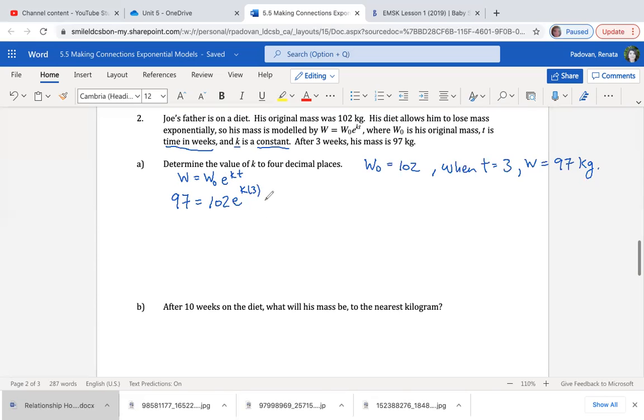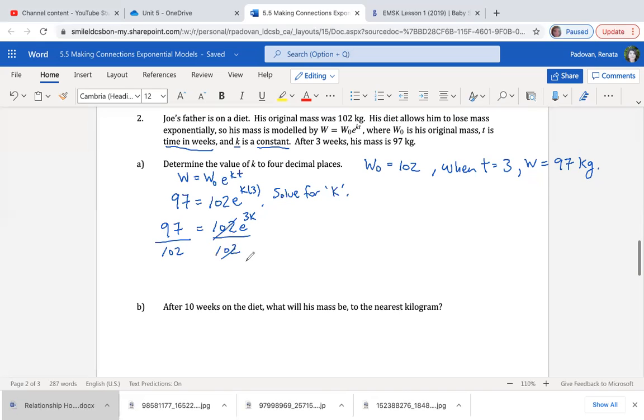And then it's basically solving for k, because that's my only variable left, and then I'll have my constant. So I could rewrite that as 97 divided by 102, and at the same time, I'm going to make that just 3k, because we're used to the number being in front.